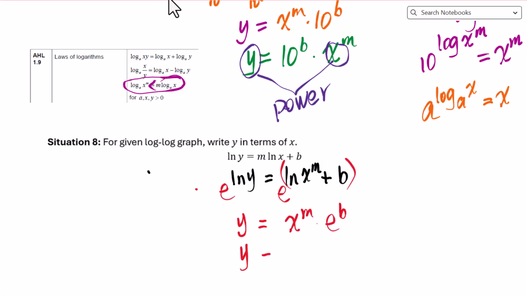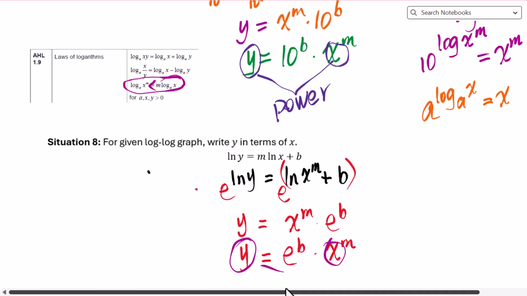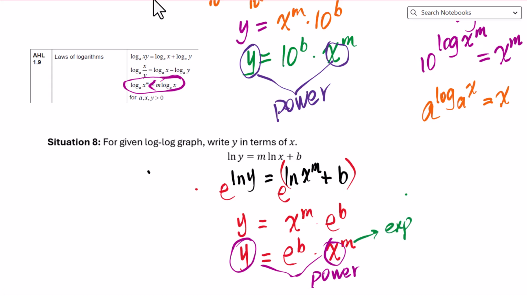Using the same method we did in situation 7, we got y equals e to the power of b times x to the power of m. The relationship between y and x is a power model. You could say this m is an exponent in this power model, but in this log-log graph, this m is a slope.